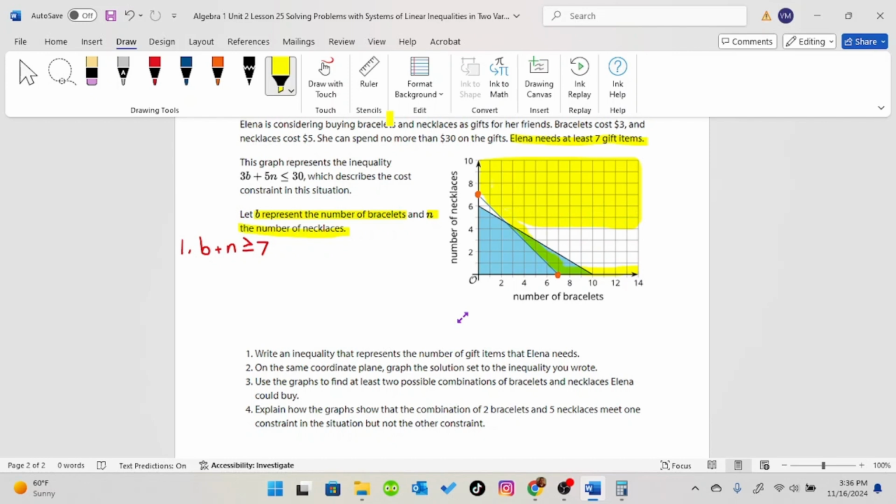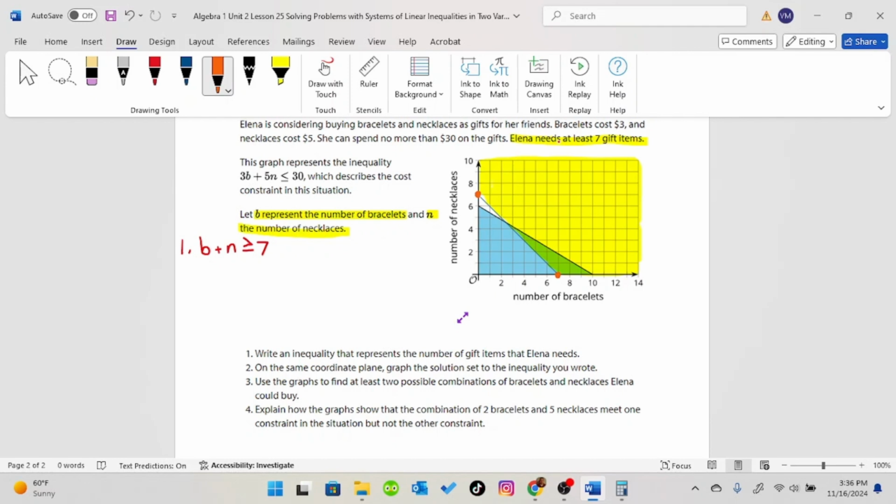So now what we're saying is everything in this yellow shaded area and the solid line that created it all makes this inequality from number 1, b plus n is greater than or equal to 7. The yellow shaded area and the line creating the boundary make it true.